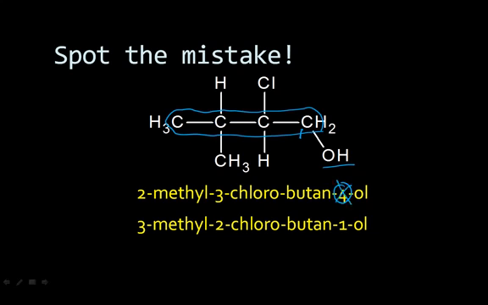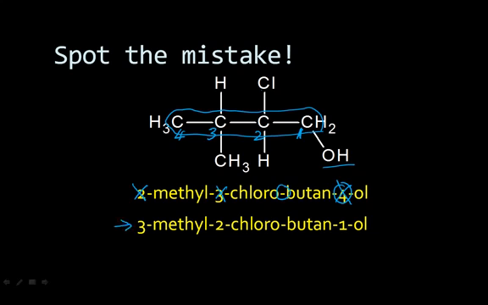Okay, here is another mistake. We don't put a dash between two alphabets, remember? Okay, now if this is carbon number 1, then this is carbon number 2 and 3 and 4. Okay, which means that the chloro group is actually on carbon number 2. So this is also wrong, and the methyl group is on carbon number 3. Okay, so what about this one?